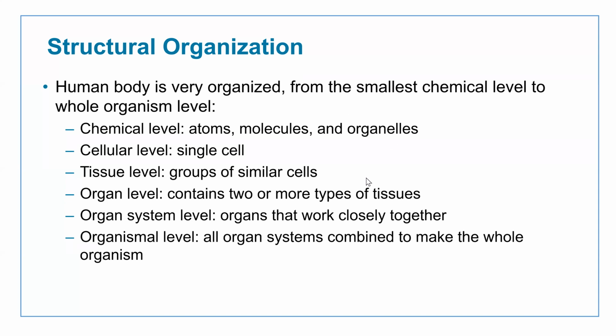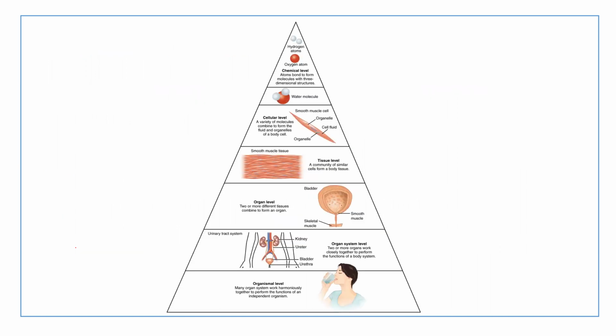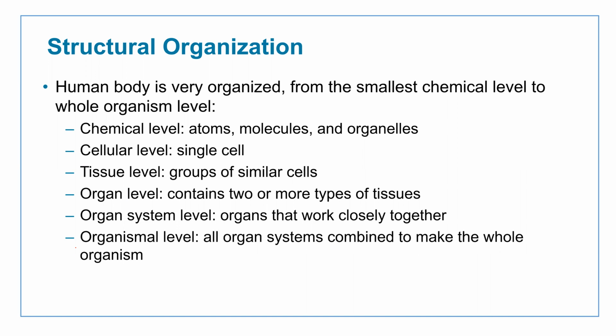And how well you feel, what your health is, what problems you're having depends on your organ systems, on your organs, on your tissues, and finally on every single cell in your body. So we say that how well the entire organism functions depends on how well individual cells within that organism work.